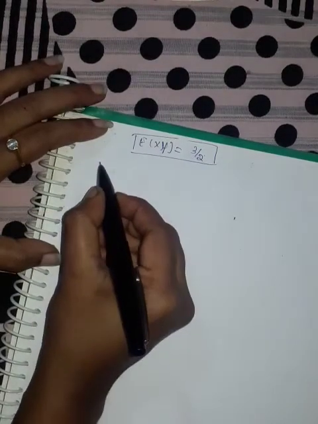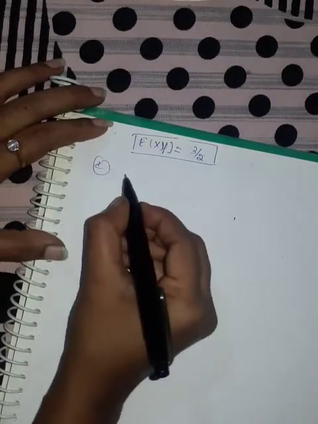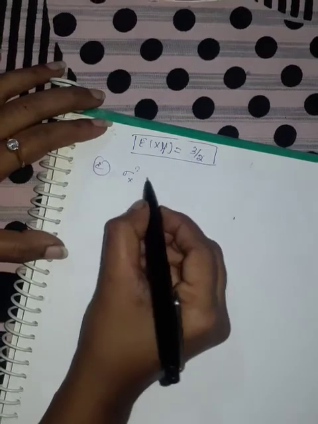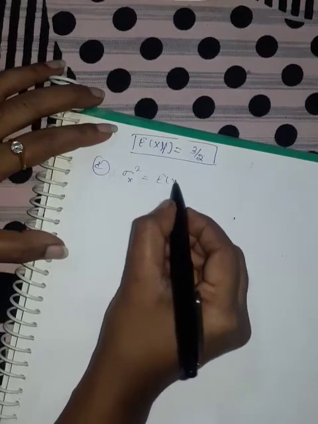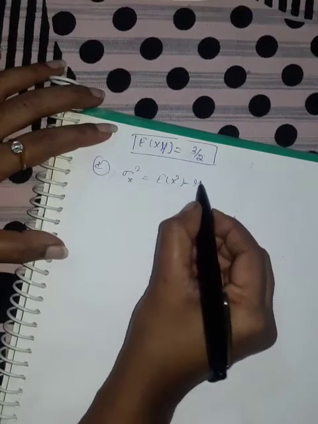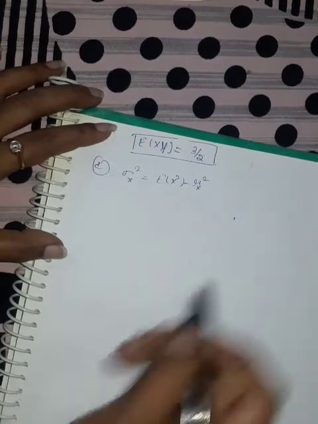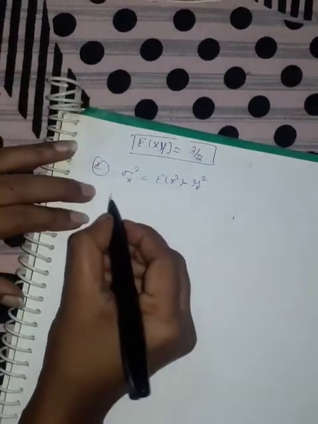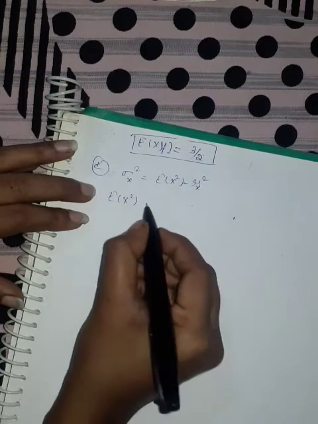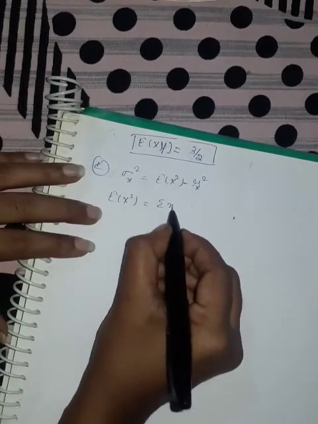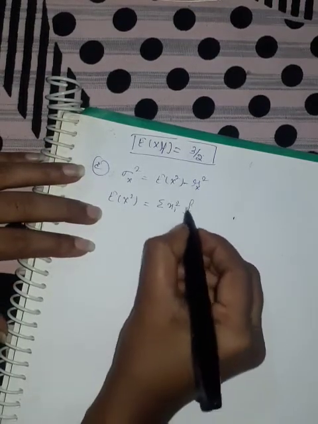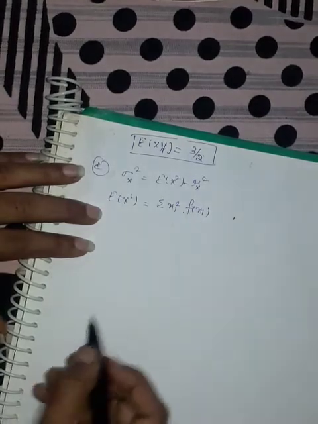So we have sigma x square as expectation of x square minus mu x whole square. Expectation of x square is nothing but the summation of xi square into f of xi.